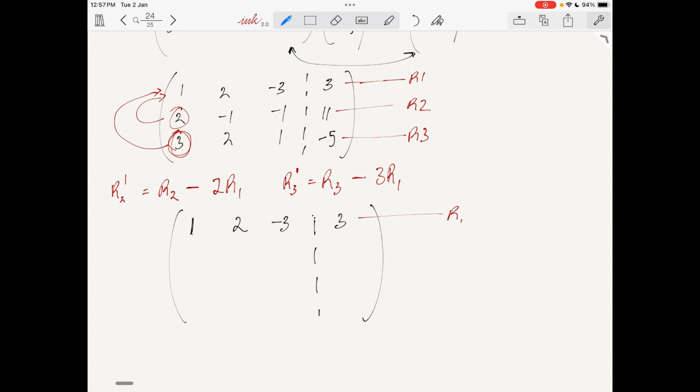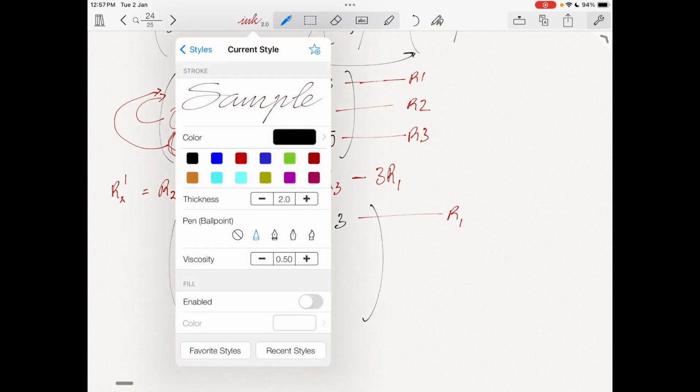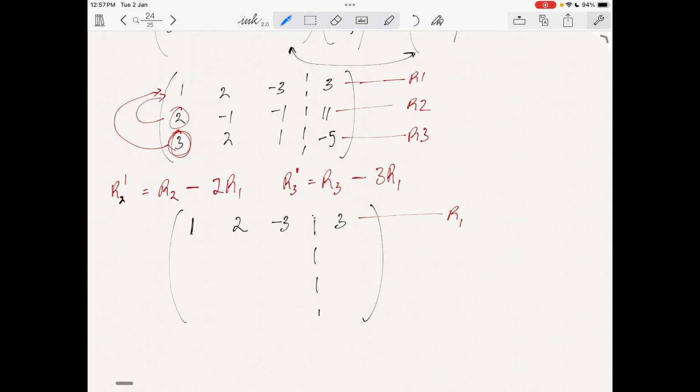To solve for row 2 prime, I will take the entire row 2 and subtract from it 2 multiplied by row 1. So this is 2 minus 2 times 1, let's expand.